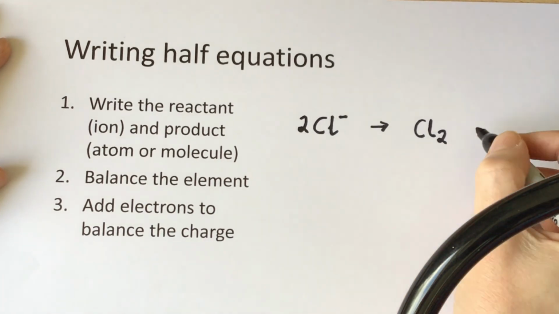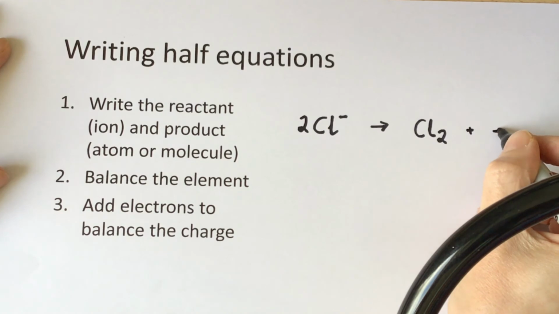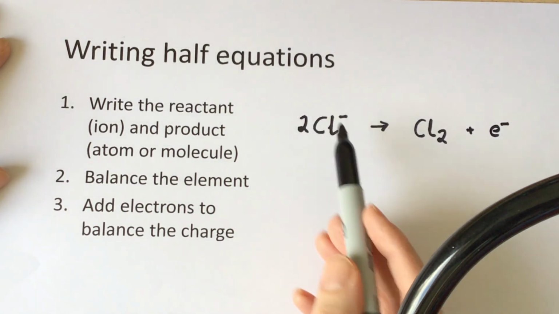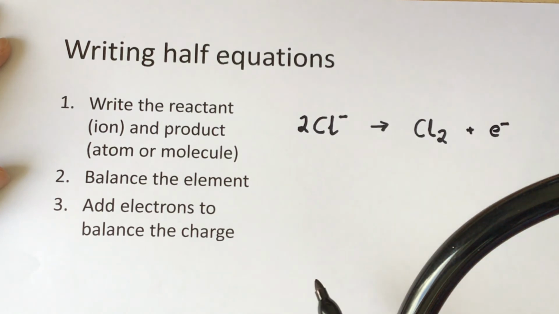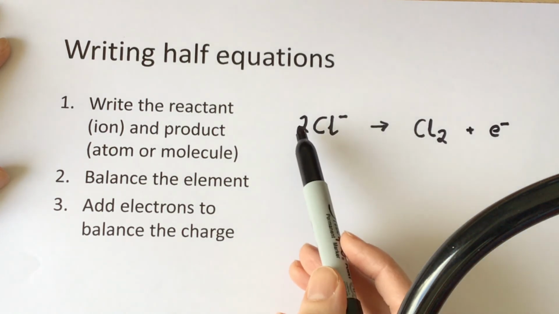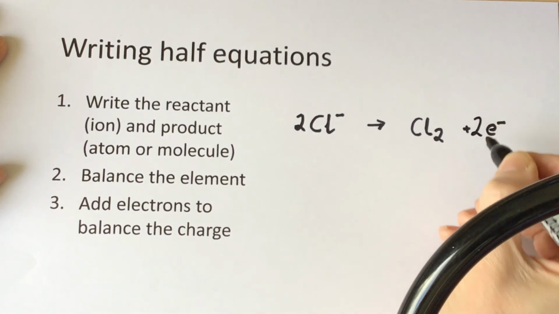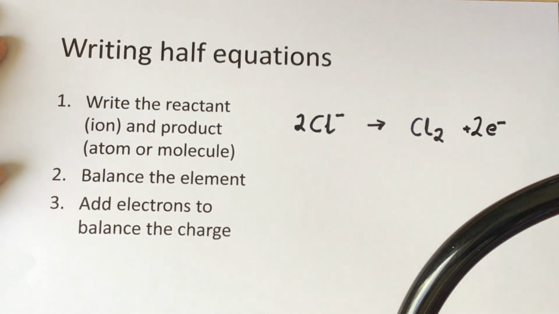So in this case, I need to add my electrons on this side in order to make both of my sides negative so that they're balanced. Here I've got 2 minuses, so that means I need 2 electrons over here to give myself 2 minuses as well.